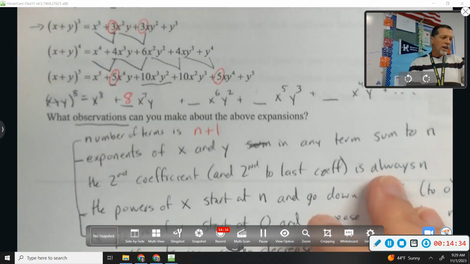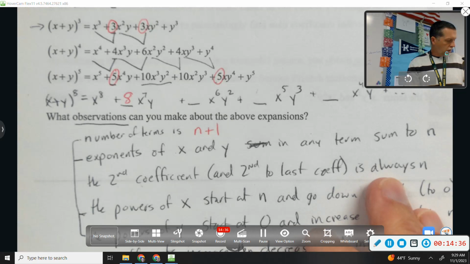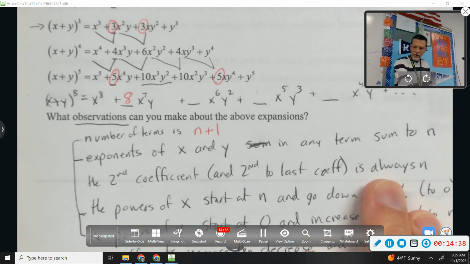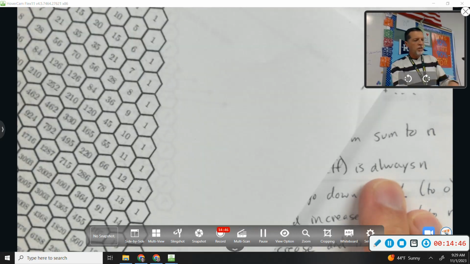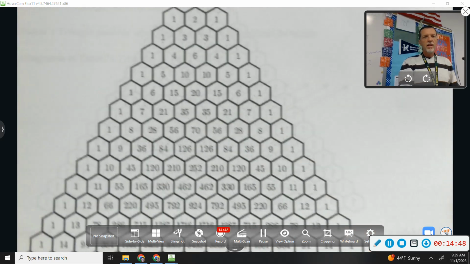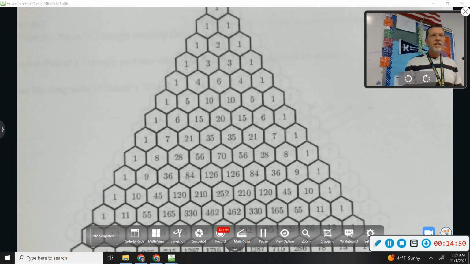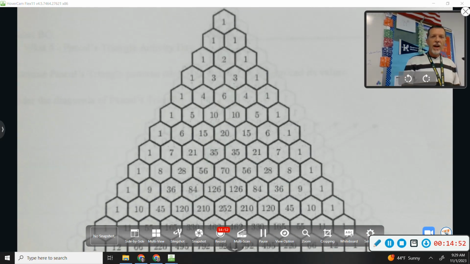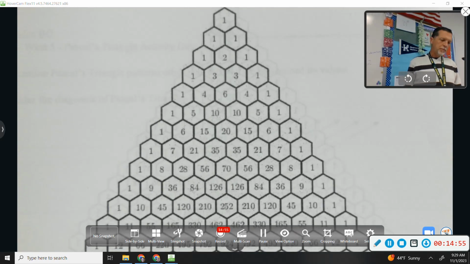So the triangle, some of you found it, or you saw it on the back of the worksheet packet. I'm just giving away all my answers here. Let me just jump to the end since someone picked up on it. That's what those numbers are.